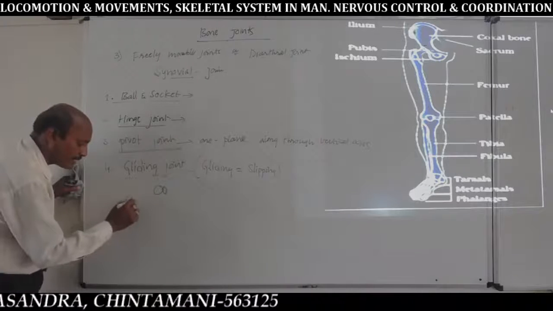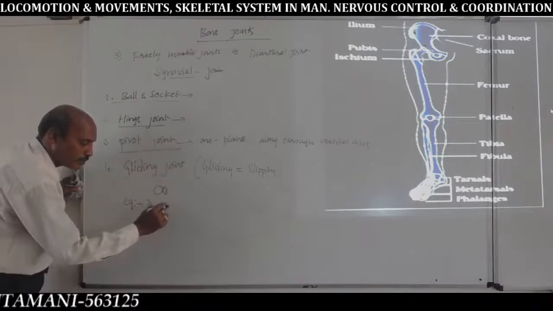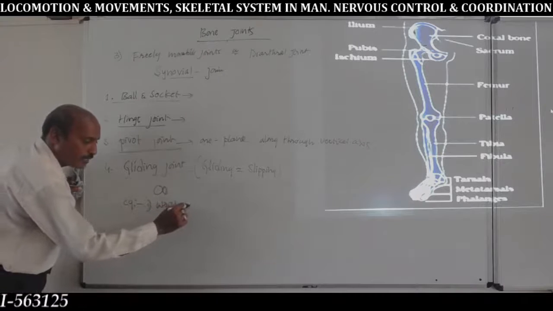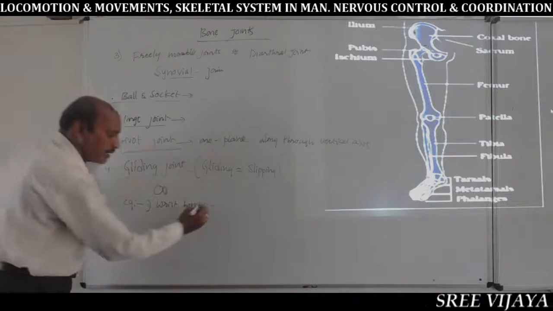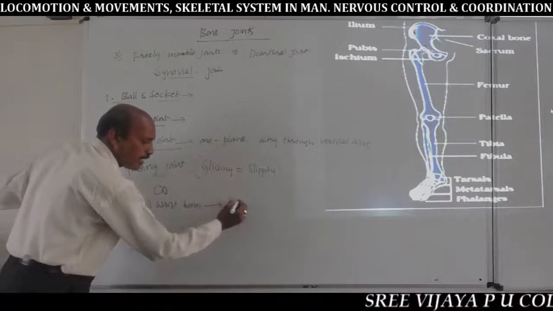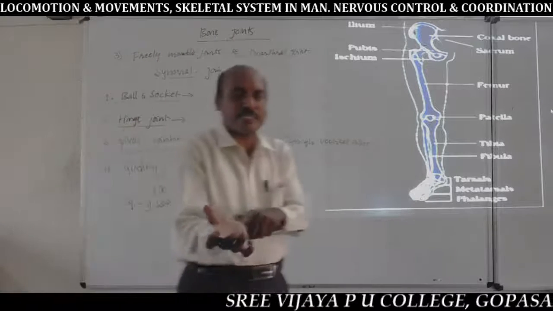Examples of gliding joints: wrist bones. Very important. There are 18 wrist bones present in the wrist region.